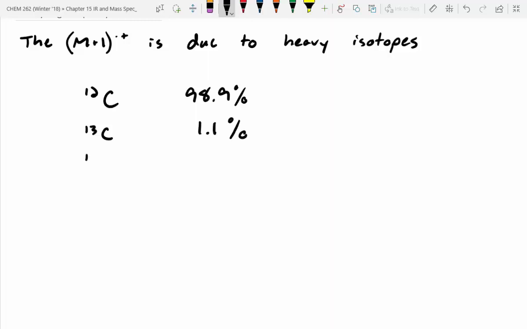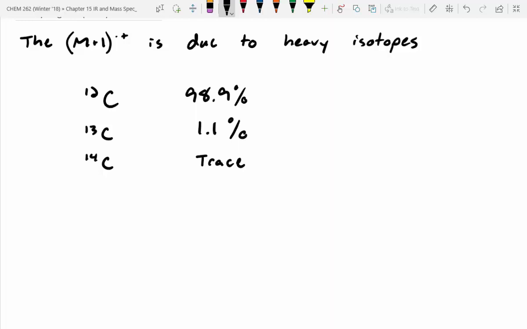And then carbon-14 is really just a trace amount. Like I said, carbon-14 is what they use to date really, really old biological samples. However, it's not really useful for mass spec. Carbon-13, on the other hand, is, so we do need to pay attention to that.